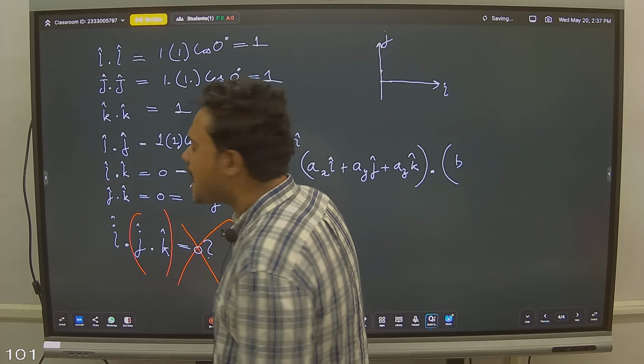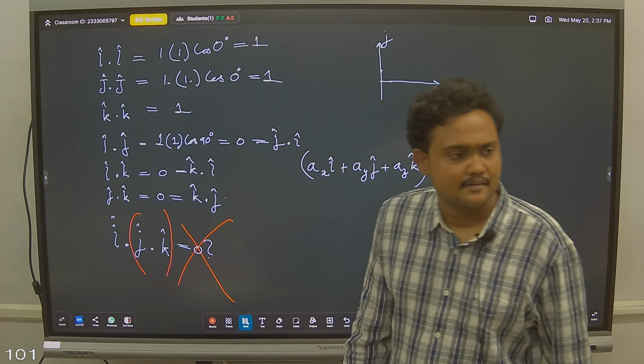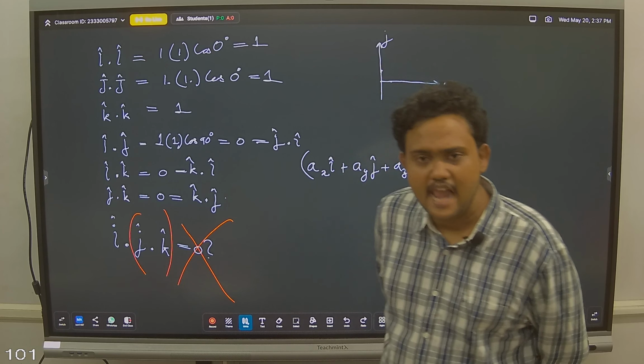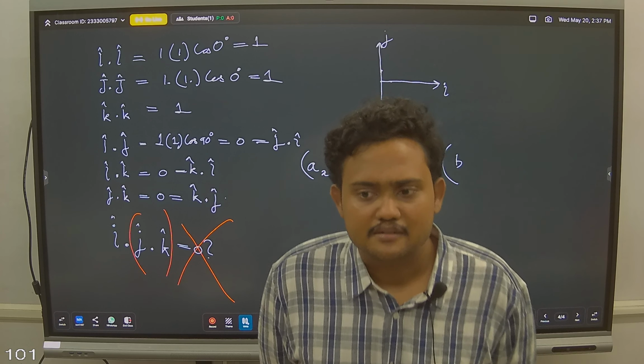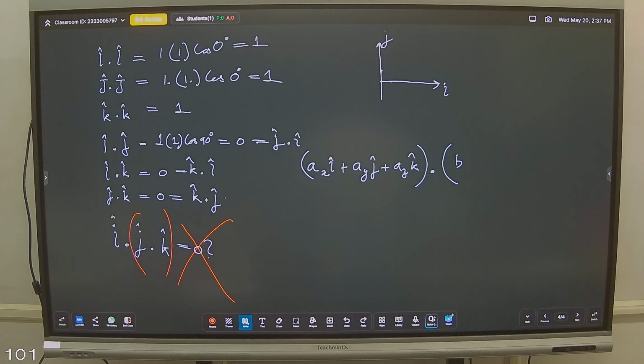This is a scalar. Listen. j dot k is a scalar, right? When did we? No. It would be not defined. j dot k is a scalar. You are trying to take dot product. j dot k is 0. So i dot 0 is 0. You cannot multiply 0 with dot.